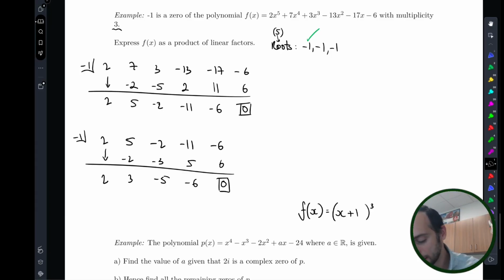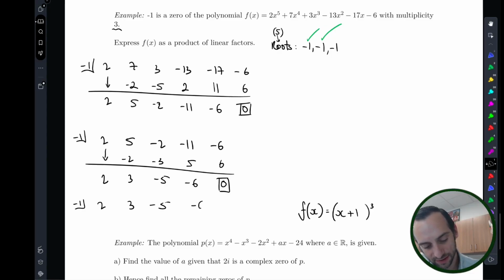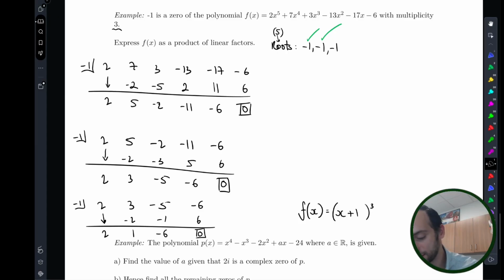It works again. So we've got our first 2 roots done. We'll go at it one more time over here. Negative 1, 2, 3, negative 5, negative 6. Again, this should work one more time. So negative 2, 1, negative 1, negative 6, 6. And finally we 0 out. So that is our multiplicity 3.